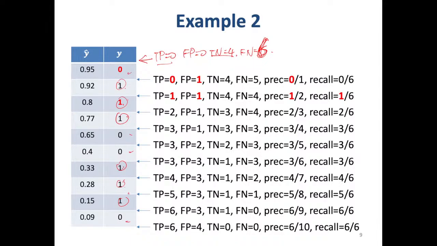Okay, so you could compute the precision and recall based on this. So precision should be 0 divided by 0. Recall should be 0 divided by 6. But again, how to define this?